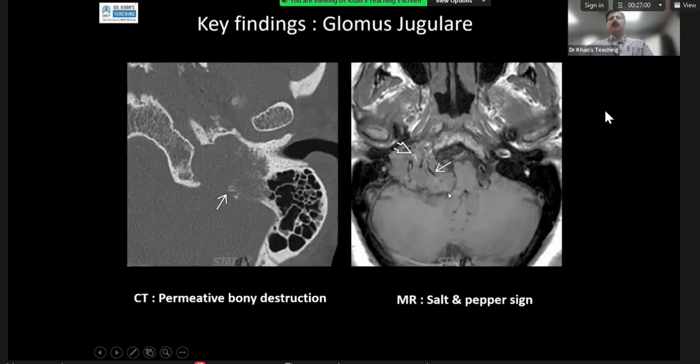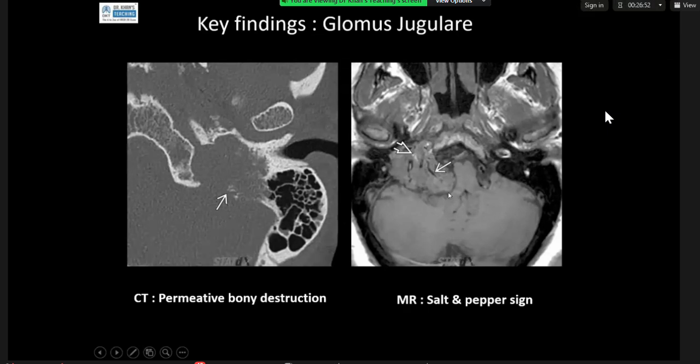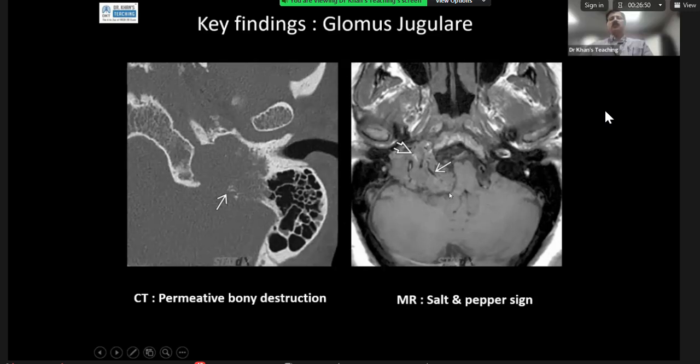Usually, it is seen in a glomus tumor which is more than 2 centimeters in size. The basic concept is that glomus tumor is extremely vascular. So on a non-enhanced T1 weighted sequence, please remember, non-enhanced T1 weighted sequence, you can see a salt and pepper sign. What is the salt and pepper sign?